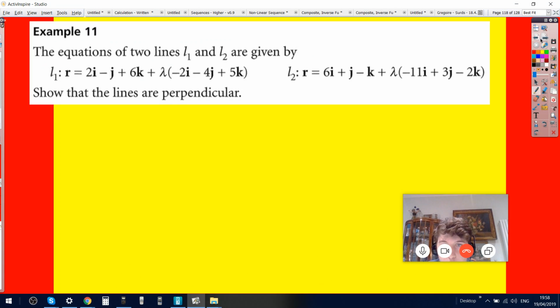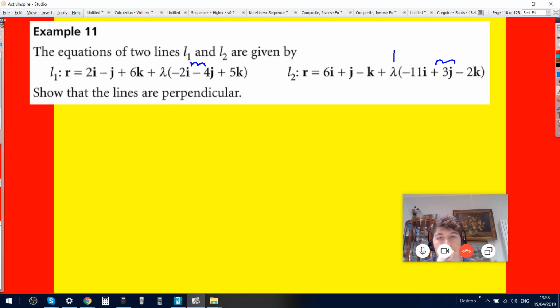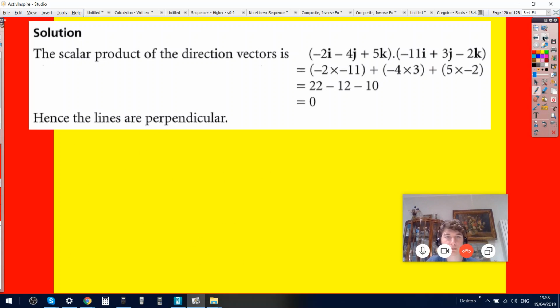That's the m, because it's the thing being multiplied by something. It's those three things, and the dot product of those would be 0.